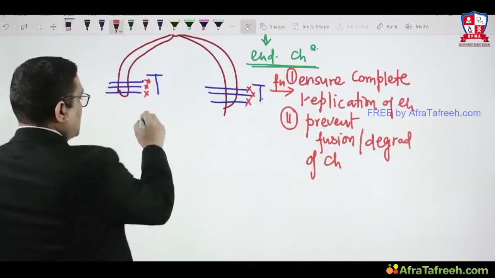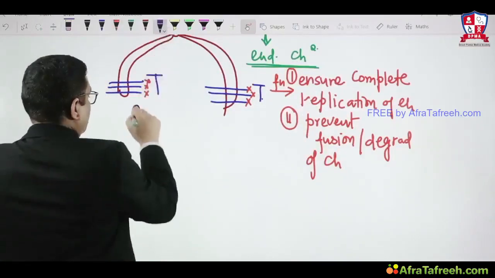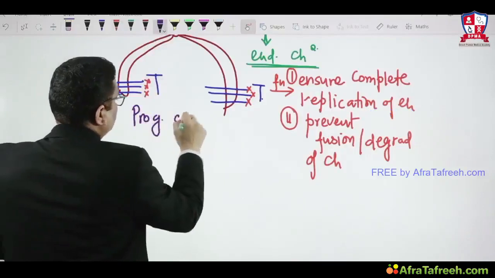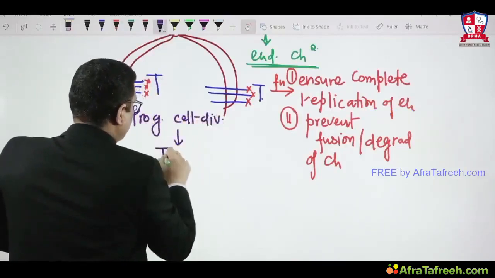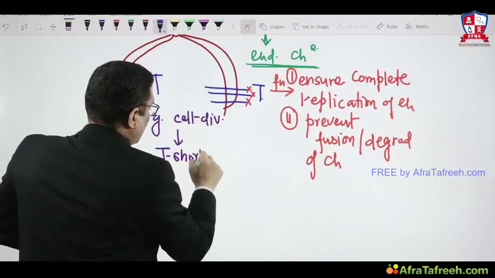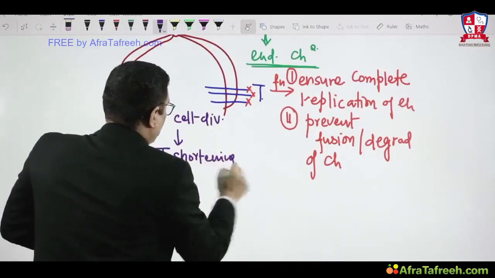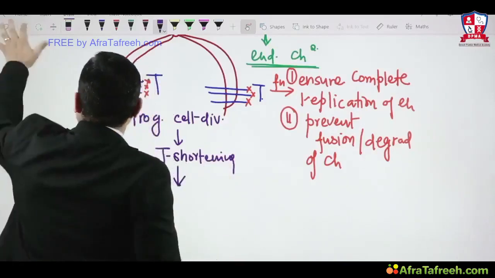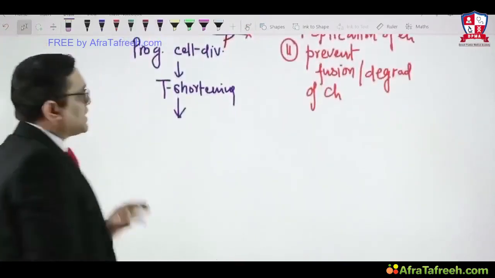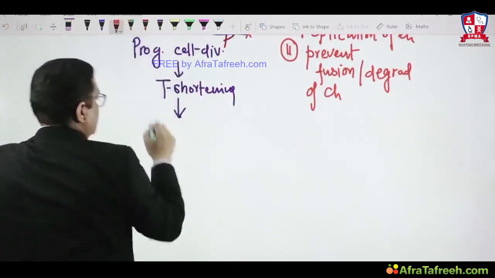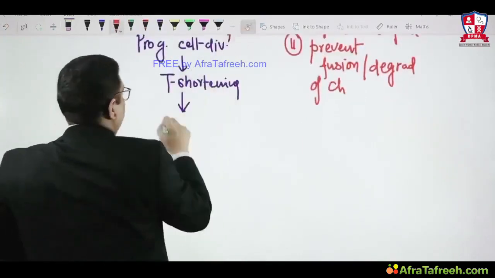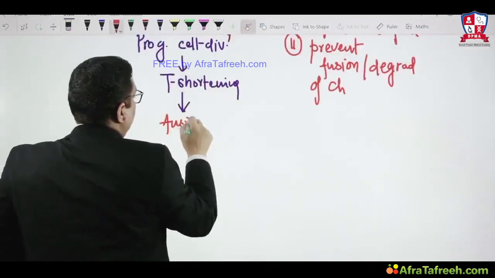But what happens? In our human body, there is progressive cell division. Because of progressive cell division, there will be telomere shortening. At one point of replication, the entire telomere will be used up, and then the chromosomes will undergo fusion and degradation.